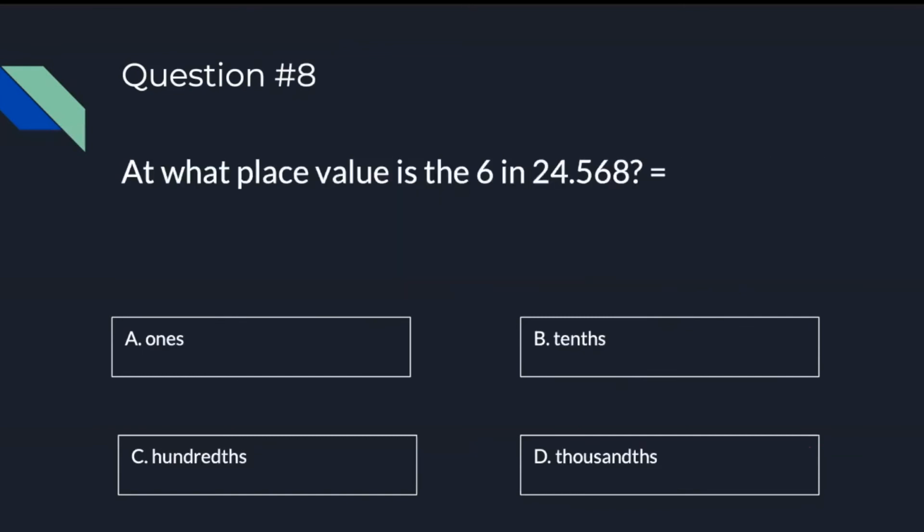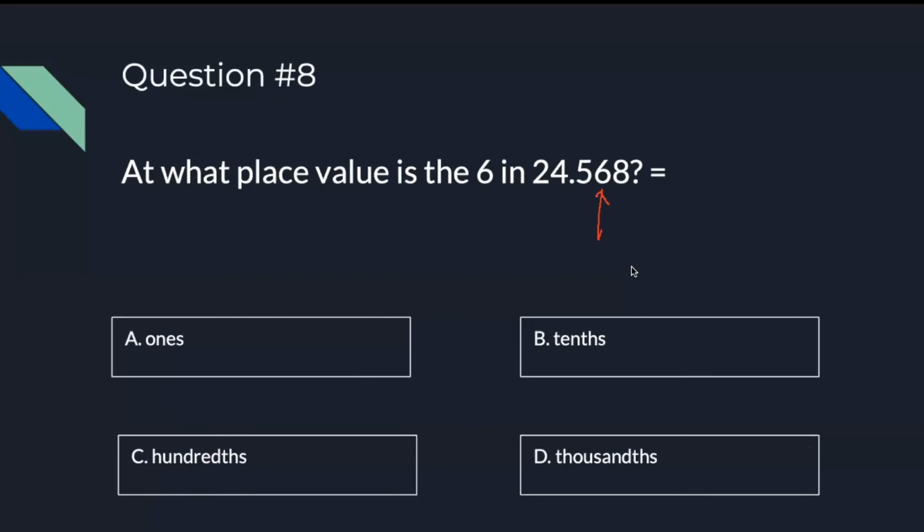Oops, sorry about that. This 6 right here. What place value? Ooh, Kaden, that is close but not quite. Try again. This one's like decimals, right? So a bit tricky.